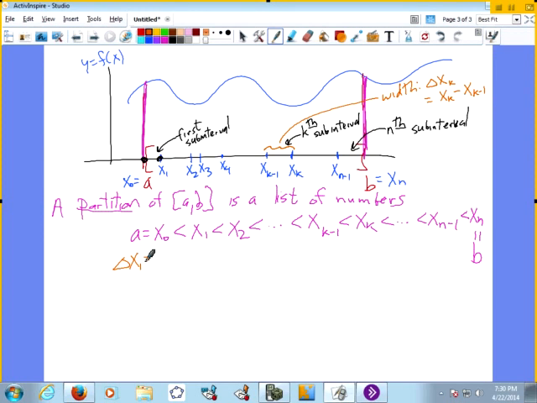So what you find is that delta x1 is just x1 minus x0. It's just the length of that interval. And delta x2 is just x2 minus x1, and so on. So you need the widths of the subintervals because you want to talk about rectangle areas. And to talk about areas, you need a notation for the width and a notation for the height.